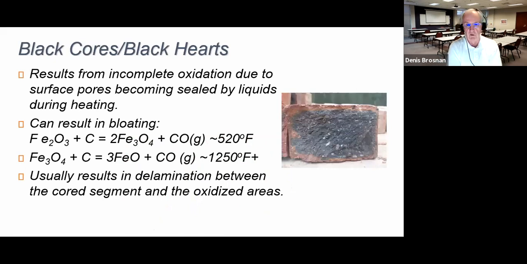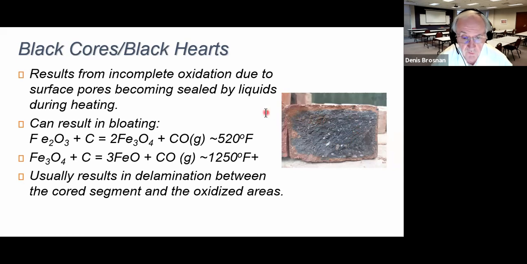Then, of course, we have black cores and black hearts. That's a broken surface of a brick that's a red brick. It's red on the outside, and it's black colored on the inside. This is called the black core, and it results from the incomplete burnout of the carbon in manufacturing.